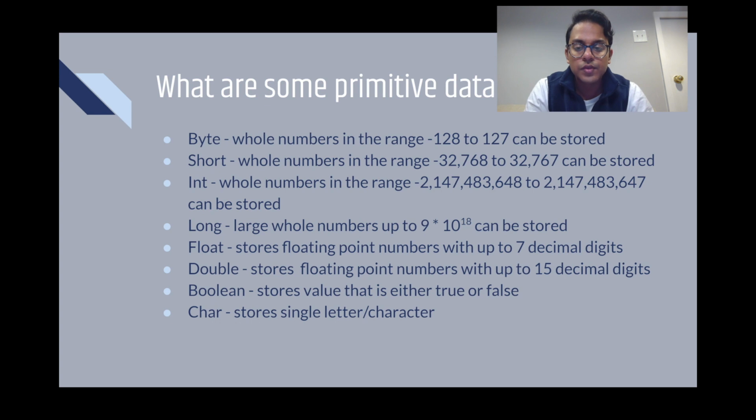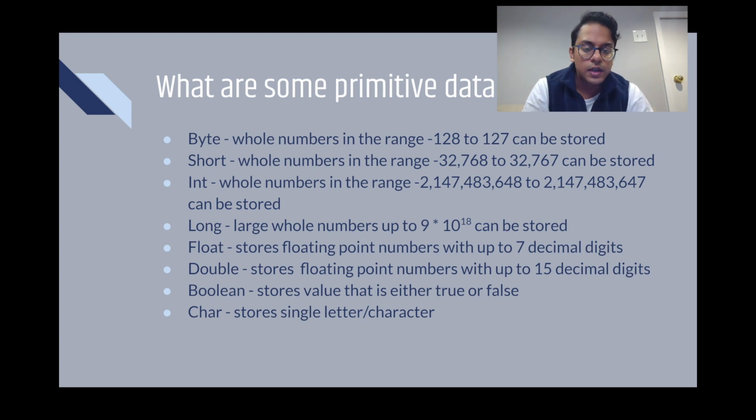And the concept of an int might be familiar to some of you who have taken a math course. It's a slightly different notion because it's bounded by a specific range, whereas in a math class, it's an infinite range of whole numbers, negative to positive.